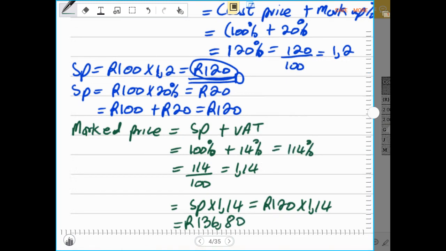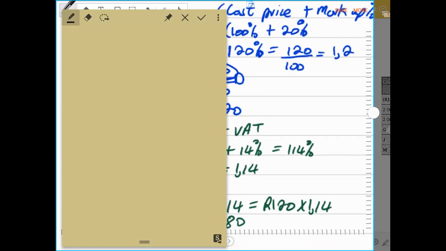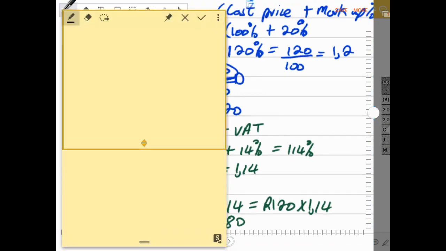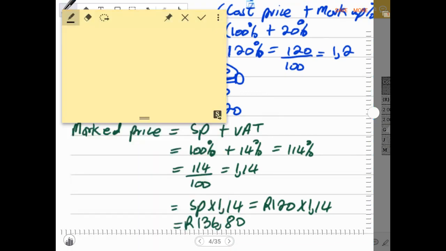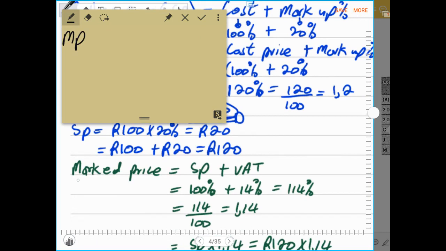And please take note of this flow, which is very, very important, because initially we said that in order for us to get to the marked price, we would have said MP. Remember that MP is for the marked price.